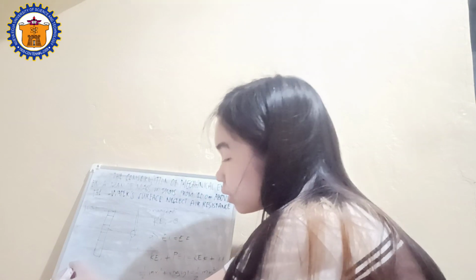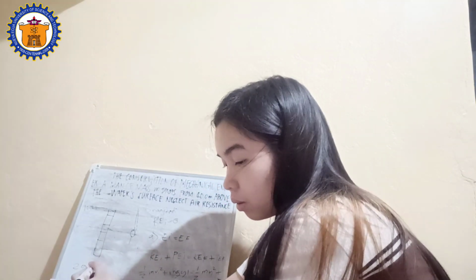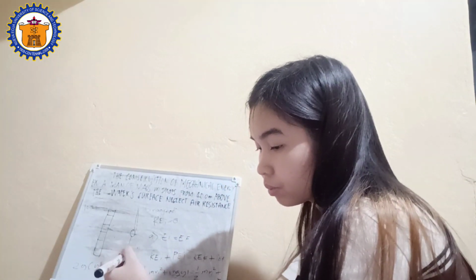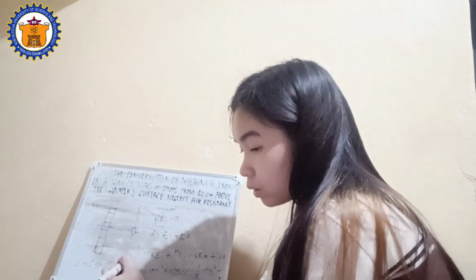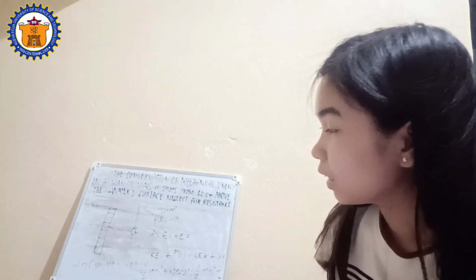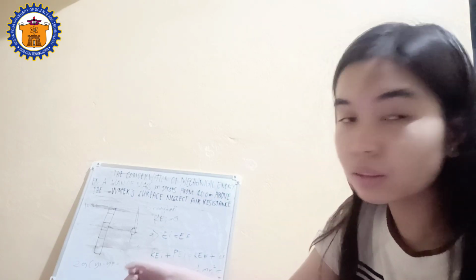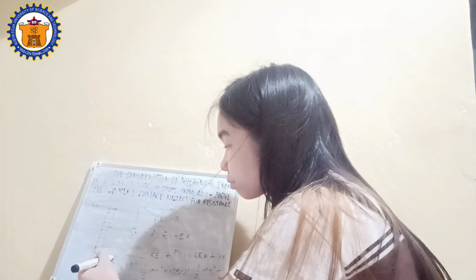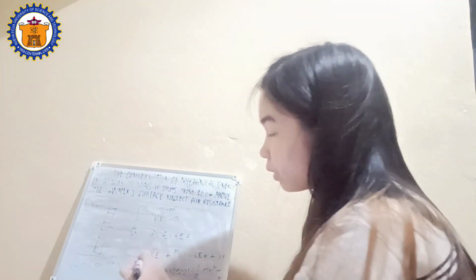So, magiging ganito na siya, 2g times initial position minus the final position is equals to final velocity squared. And since velocity nga hinahanap natin, para mawala yung squared ni velocity, lagyan lang natin both sides ng square root. So, pwede na itong makancel ngayon.